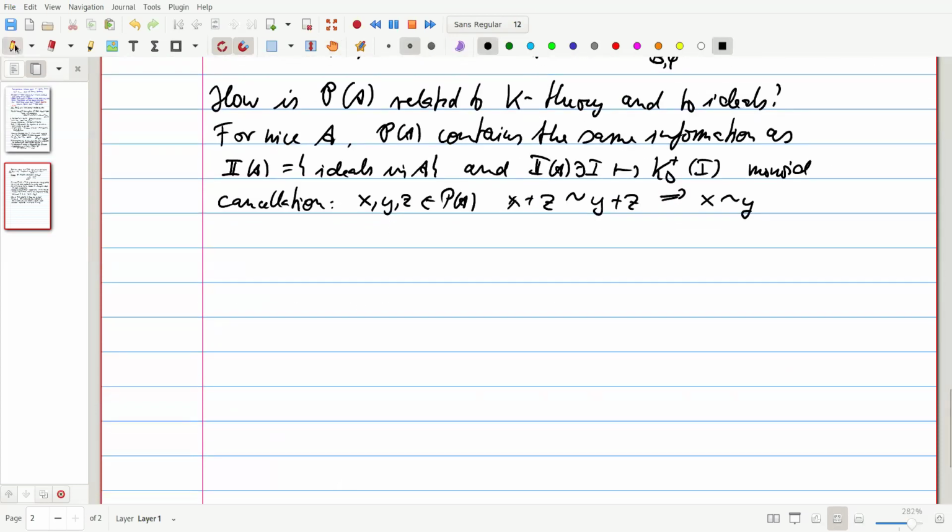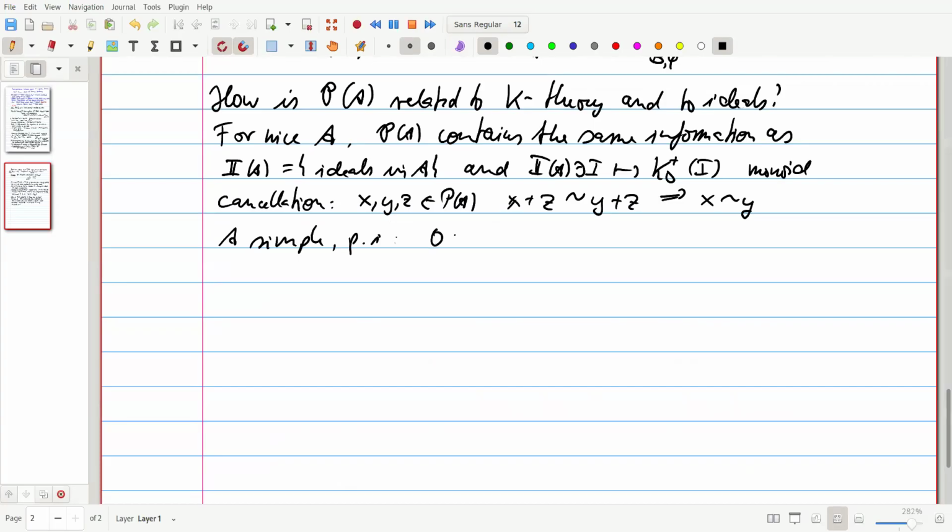Now, this property is not something you could expect. In particular, if you take a purely infinite C-star algebra, even simple, so if A was simple, purely infinite, then we know that there exists a projection that represents 0 in this K-theory.